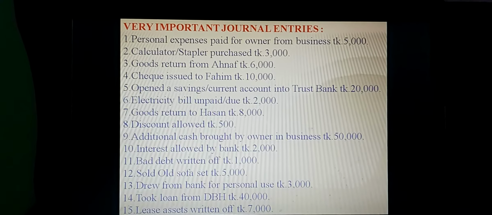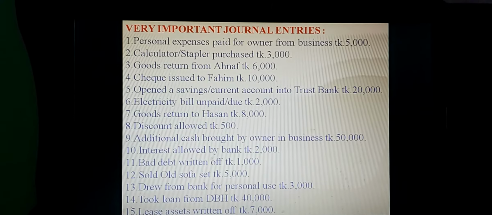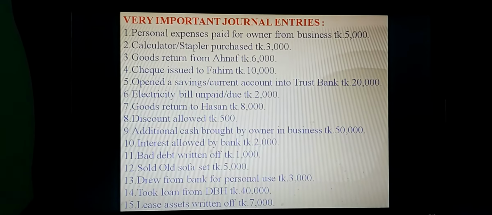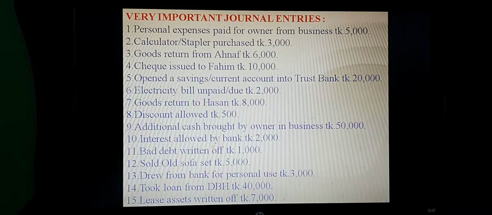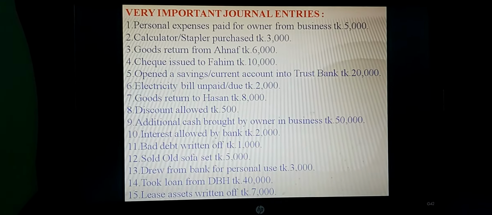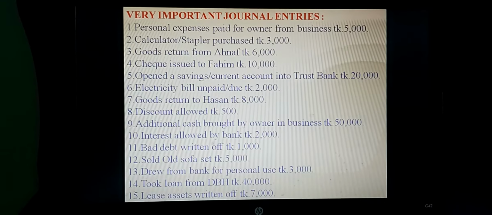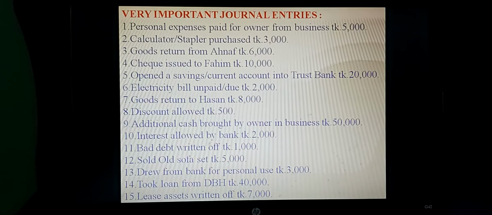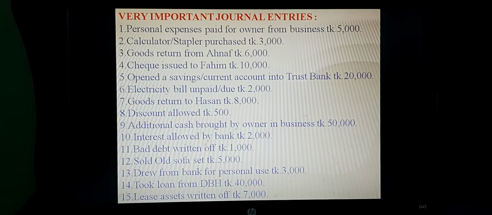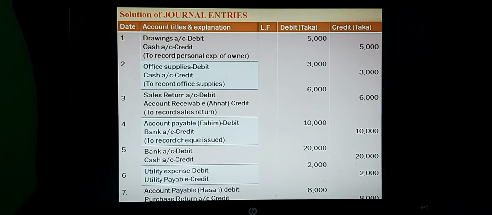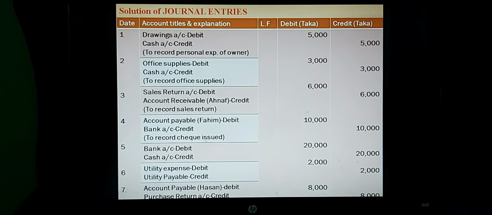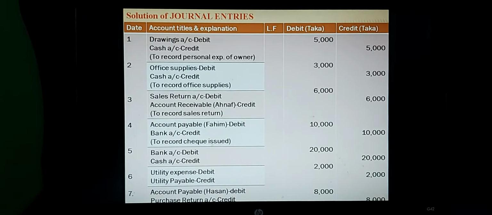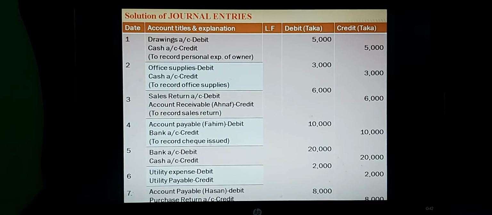From customer, that is the receivable, that is accounts receivable or debtors account. For this transaction you can write sales return account debit, accounts receivable, that is Ahnaf or debtors, credit. Okay, you can see in the slide, sales return account debit, accounts receivable, that is Ahnaf, credit. Short explanation to record sales return.